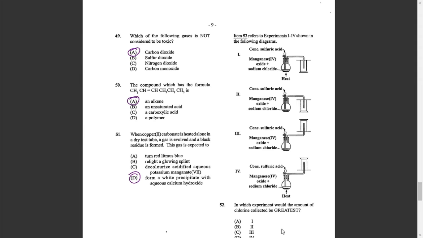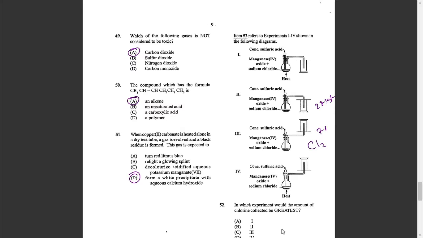So, first of all, we're looking at chlorine gas, Cl2, which has an RMM of 71, right? Air is about 28 to 30 grams per mole. Chlorine gas is heavier than air. We expect to collect the chlorine gas in a downward delivery.